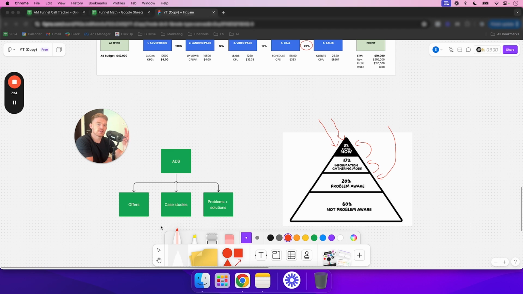Number 2 was case study ads. So we picked out maybe the top 2 to 4 client testimonials, and we created different ads that went through a mini case study of each one of those clients, and we ran that. And then the third one, which does appeal a little bit to this section, is problems and solutions.